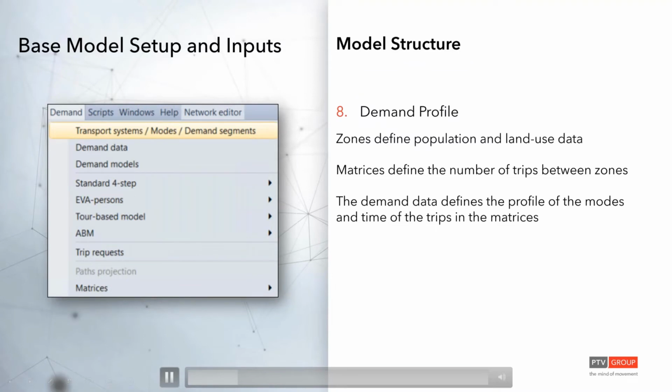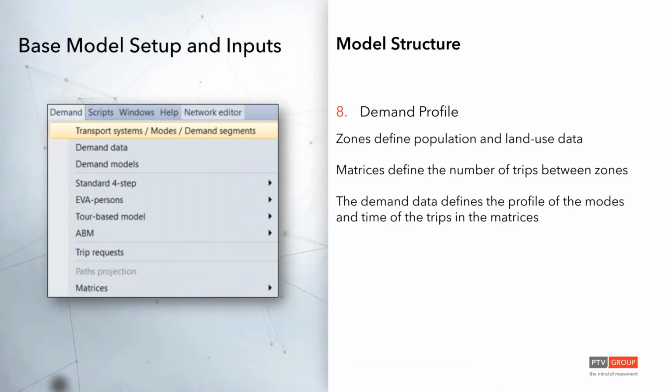The next step, after we have our matrices in place and built out, so we have our zones built, we have our nodes and our links built, we have the zones connected to the nodes with connectors. Then we take the matrices, which define the number of trips between the zones, and we have to assign those matrices to their specific modes of transportation.